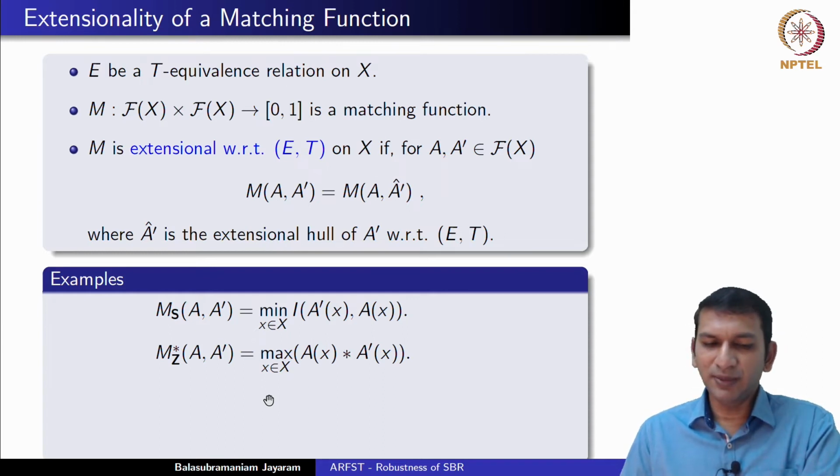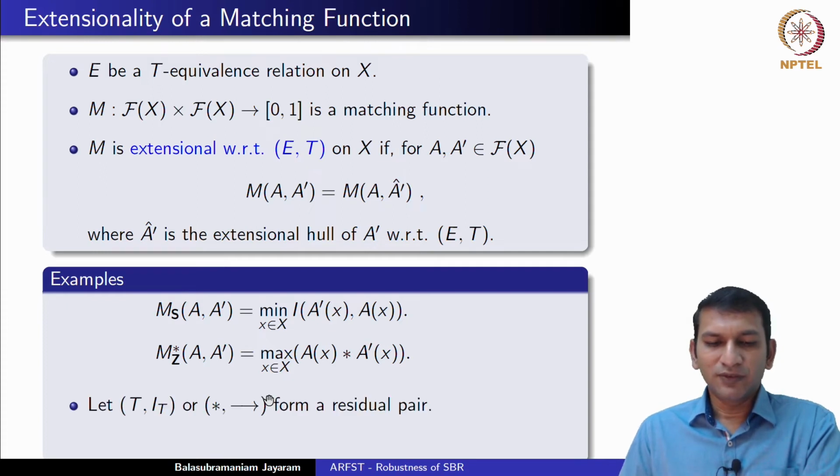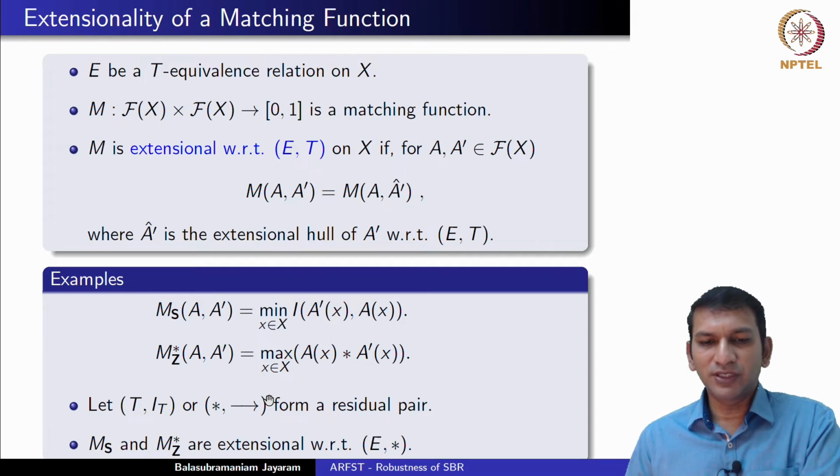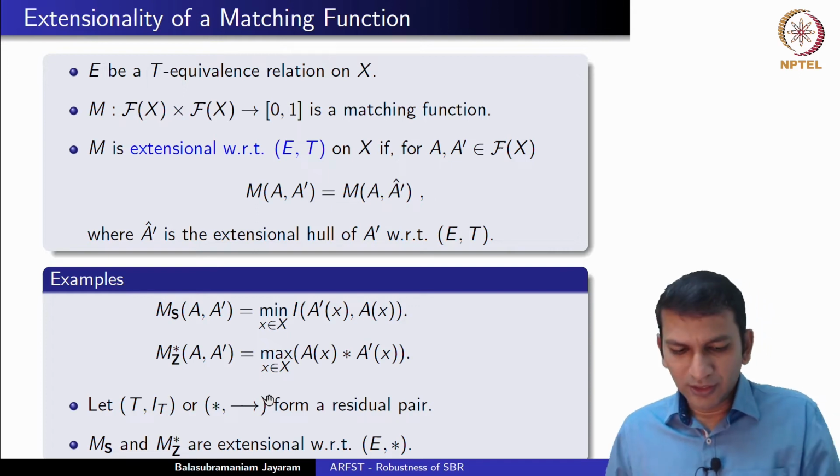We will see this immediately. Of course, we are once again going to assume that the operations are coming from a residuated lattice structure. In that sense, we can say that both these matching functions are in fact extensional with respect to the star equivalence relation.